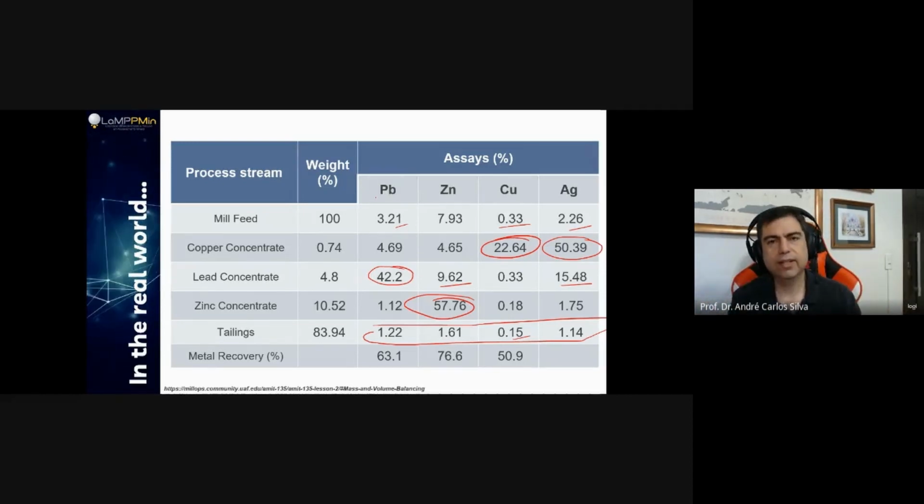But imagine this: in the future, I'm going to run out of a mine, or the grades on the mine are going to reduce, and then I can go back to my tailing dams and try to recover even more of those elements from my tailing dams. And that's what we're doing nowadays in many places around the world.